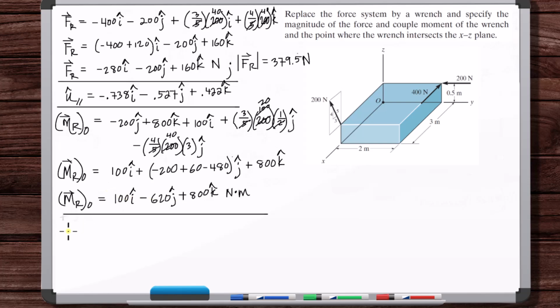So M parallel, the couple moment in the parallel direction. How do we project a vector onto a specific direction? We just dot it with the unit vector in that direction.